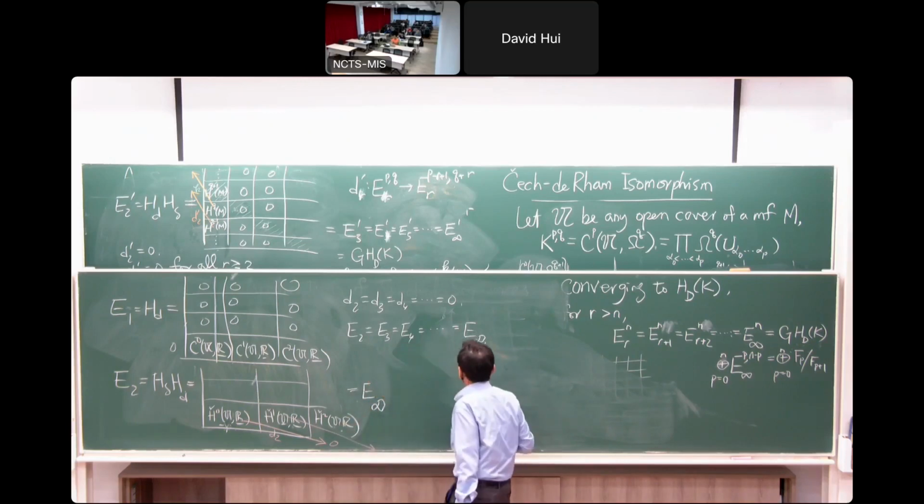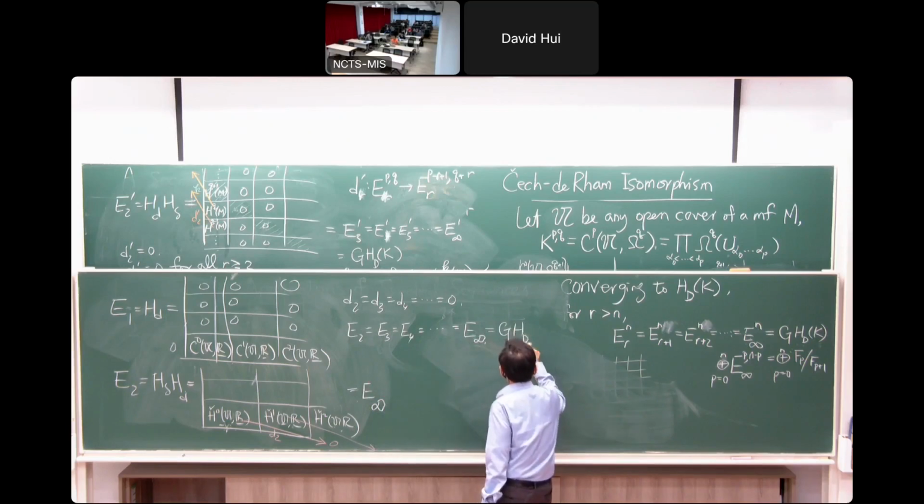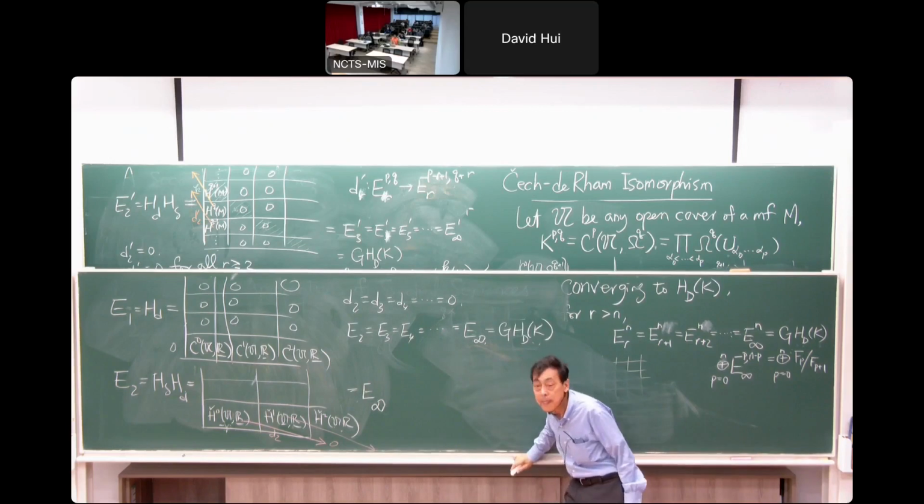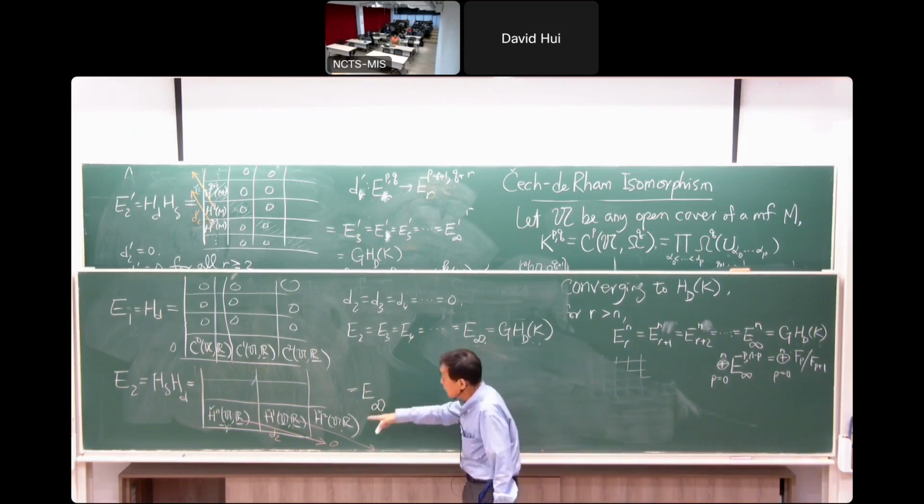And E infinity is supposed to be the associated graded complex of the total cohomology. It has only one term.